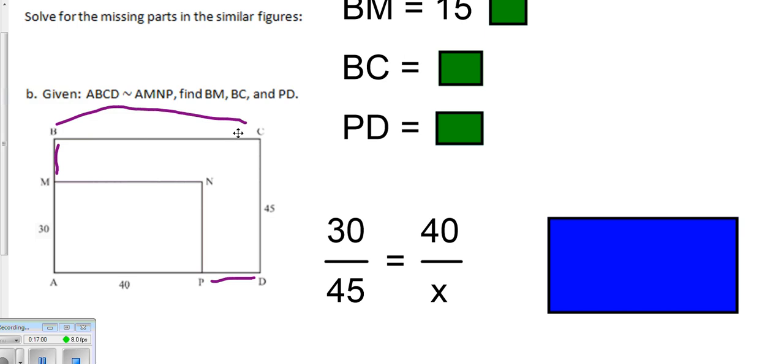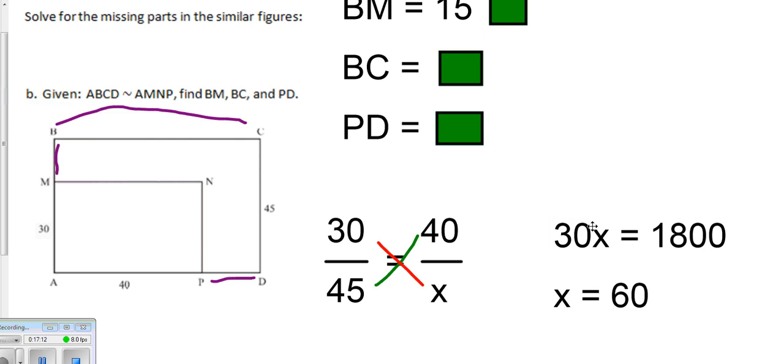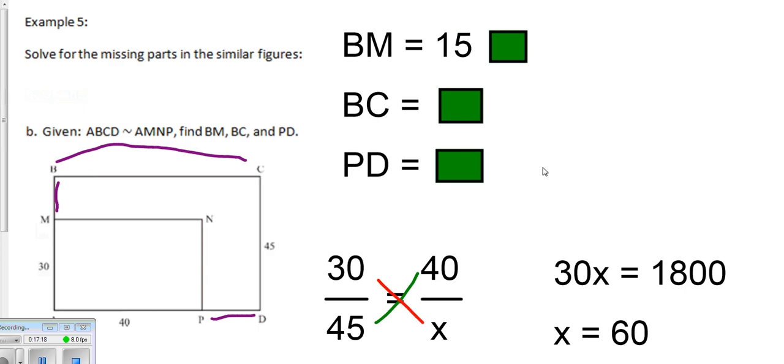I'm going to call this length x. To solve, we cross multiply. 45 times 40 and 30 times x. So the equation we're left with is 30x equals 1,800. Divide both sides by 30 and we get x equals 60. So this length here is going to be 60.